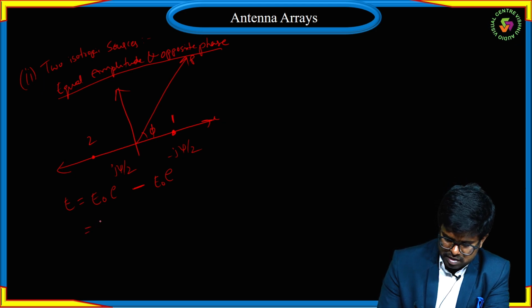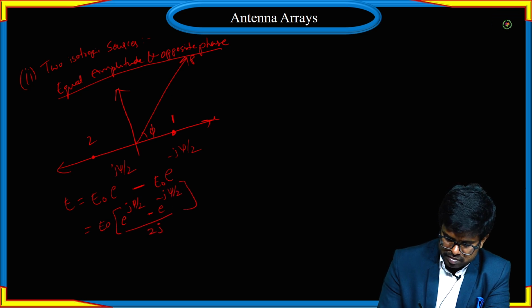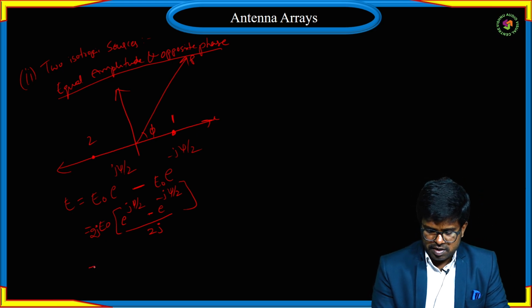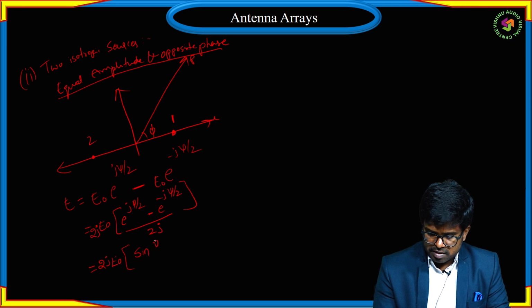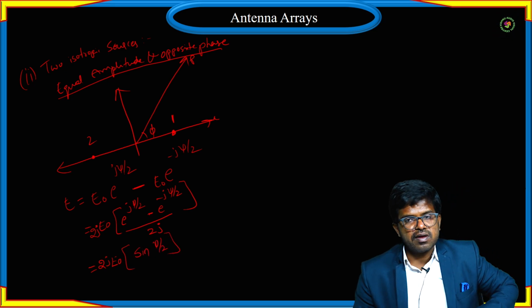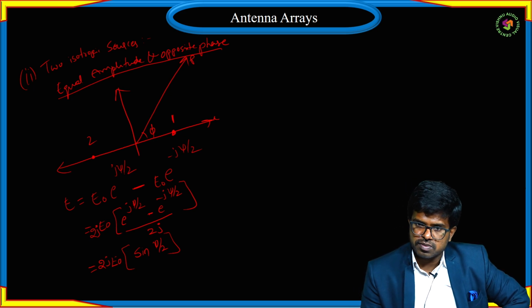This is E naught e power j psi by 2 minus e power minus j psi by 2. Here you can take 2j in the bottom, then 2j in the numerator also. Then you will get 2j E naught sin psi by 2.